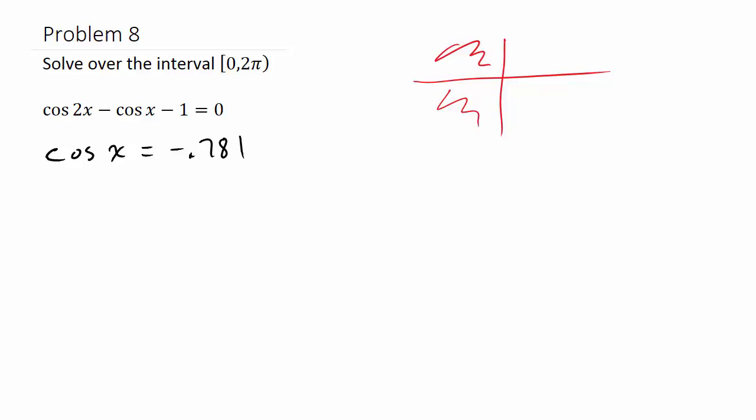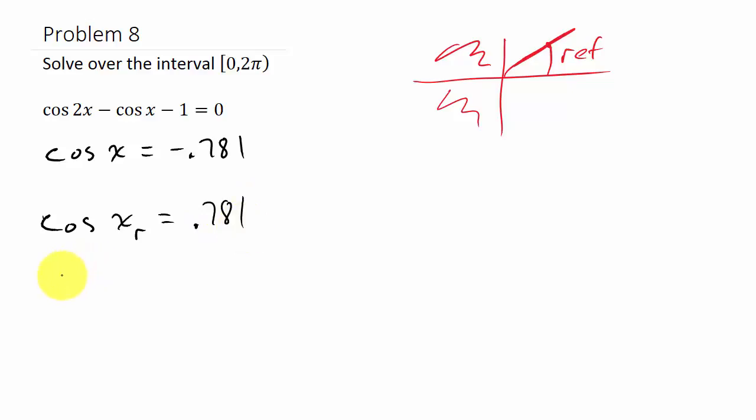But remember, we need to find our reference angle so we can use it to find the second and third quadrant angle. If you've watched my other videos, and I would recommend you do, you know this is going to be cosine R, and remember, that changes to positive 0.781.